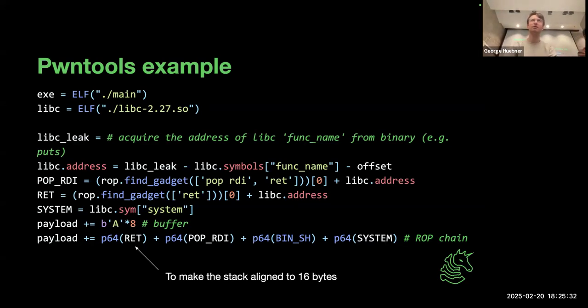There are a few things that are a little different from a traditional Pwn tools template. The main thing is we have our exe and libc, which most of the time you will need if you find a leak somewhere earlier in the exploit. The main thing relevant to ROP here is these gadgets. Here we're using the Pwn tools ROP submodule to find the gadgets for us, which is very convenient.